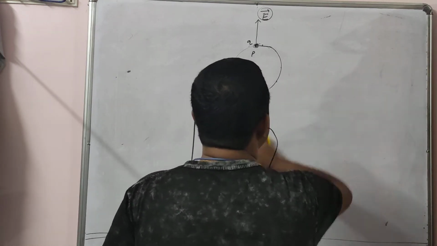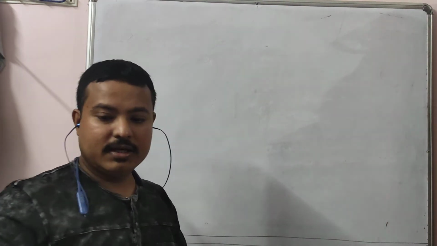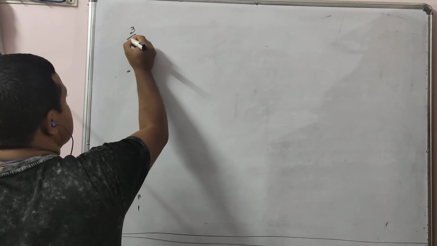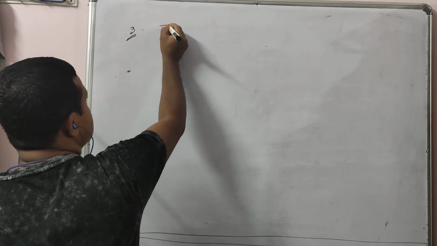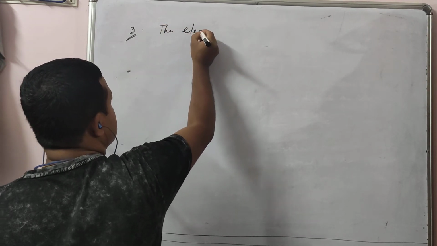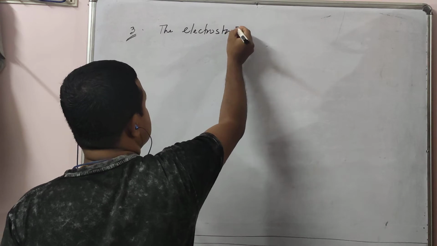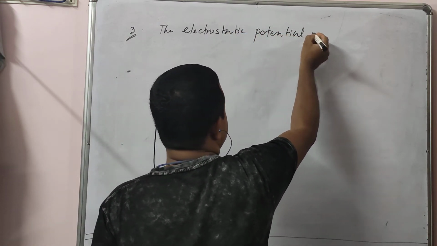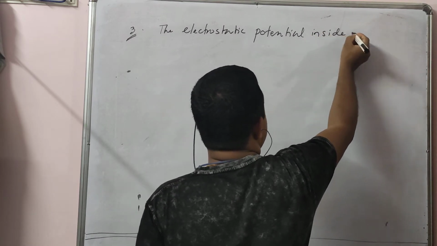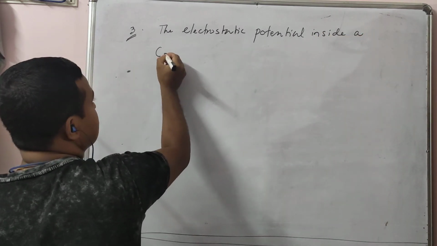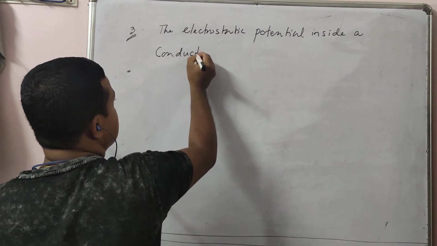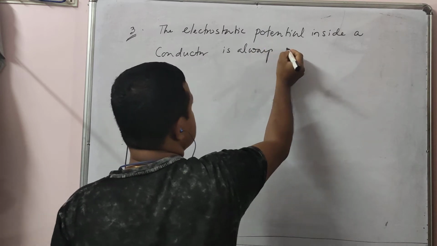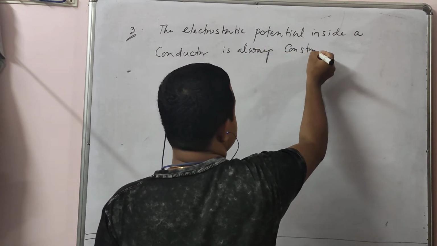Now let me explain the third one. The third property is the electrostatic potential inside a conductor is always constant.